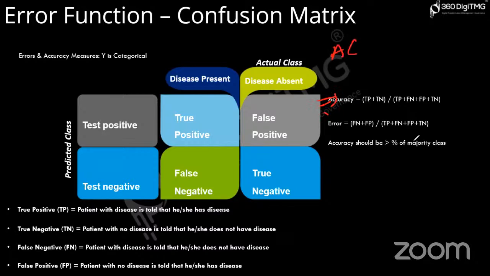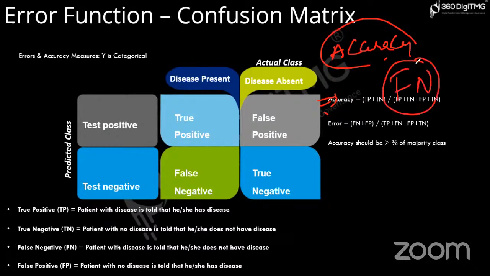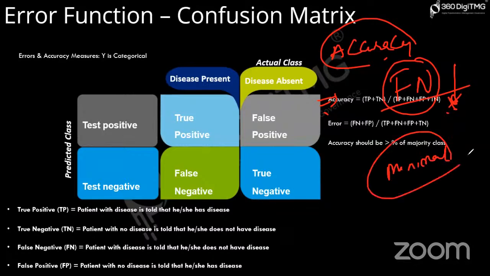So accuracy doesn't matter in that case. I mean, accuracy doesn't completely not matter, but whenever you have false negative cases, you bring these false negative cases down to the minimum, then only will we be considering that model.